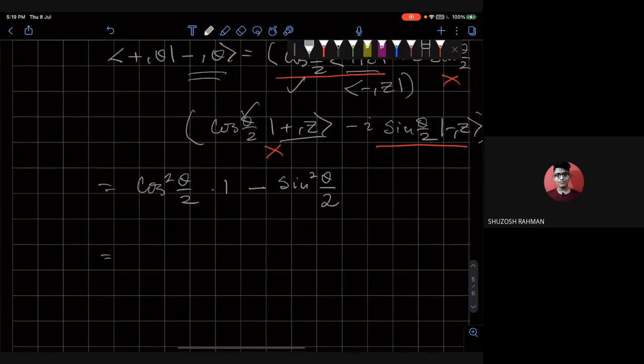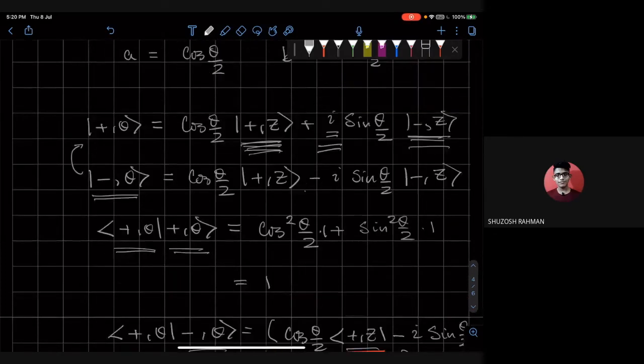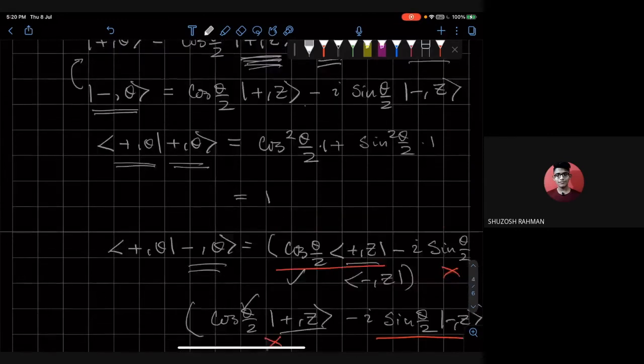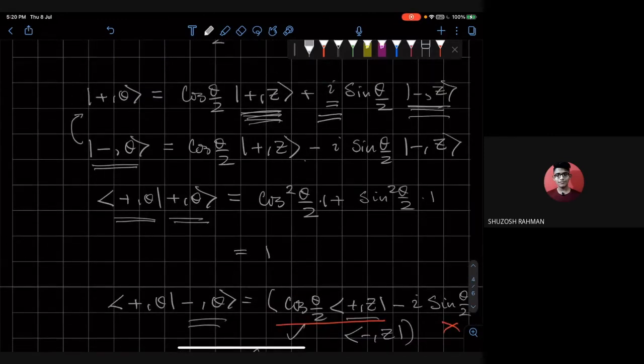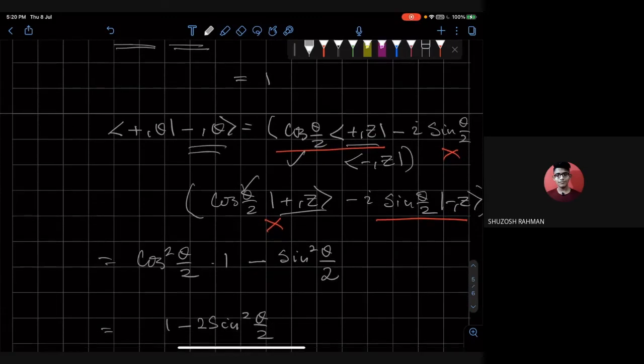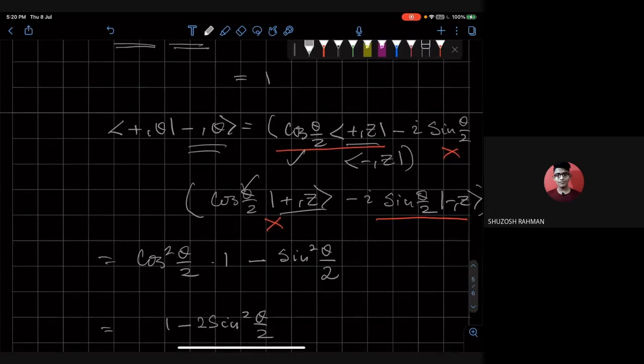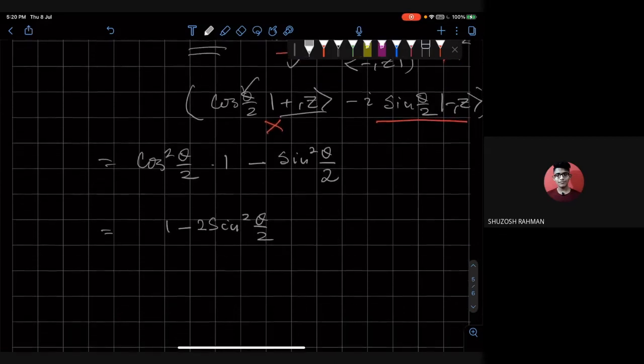So this is 1 minus sine squared theta by 2, and so this becomes 2. Oh yeah, of course. Yeah, so sorry, this is correct.